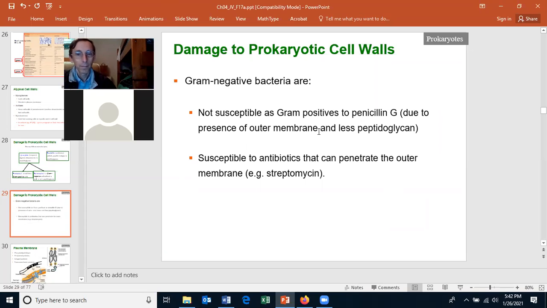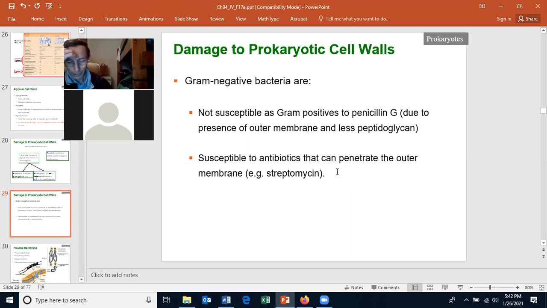But penicillin G cannot get through the gram-negative outer membrane and then damage the cells. And you would have to use another antibiotic, one that gets through the outer membrane of the gram-negative cell.